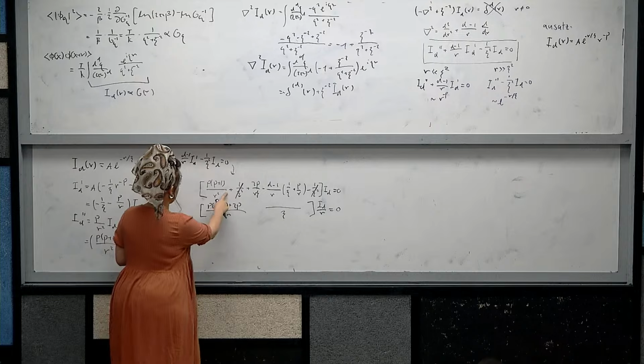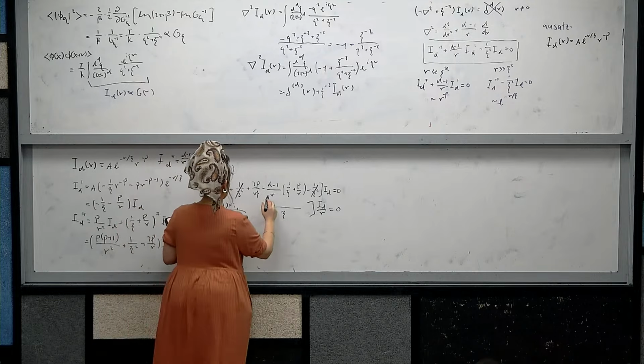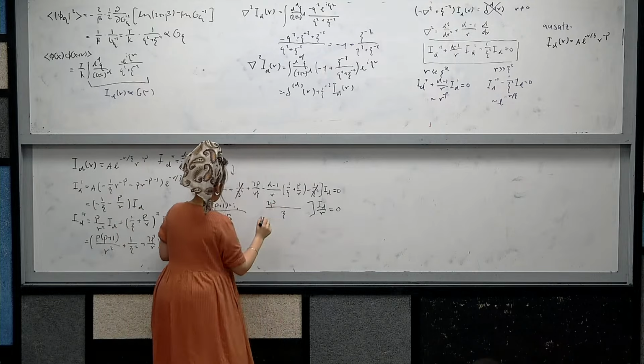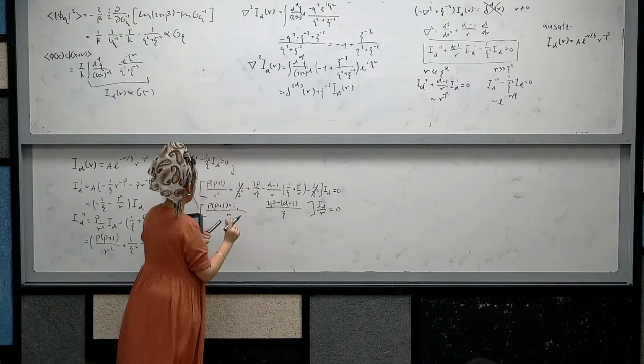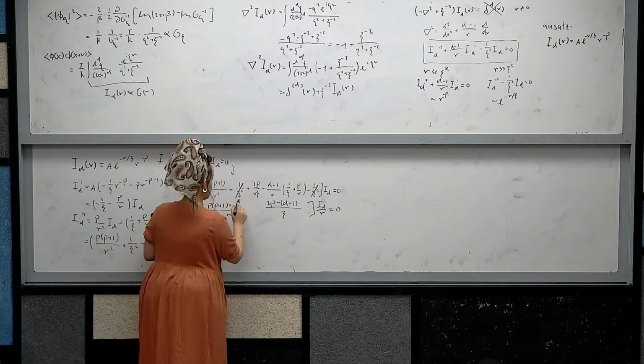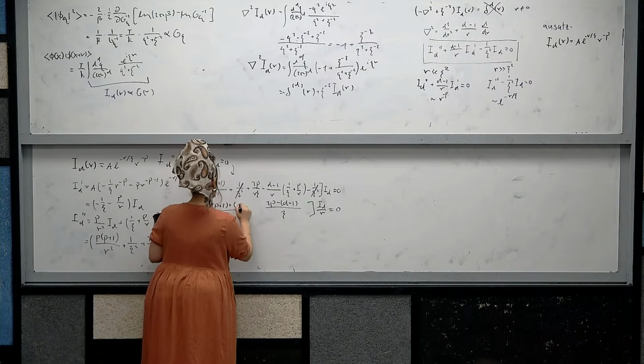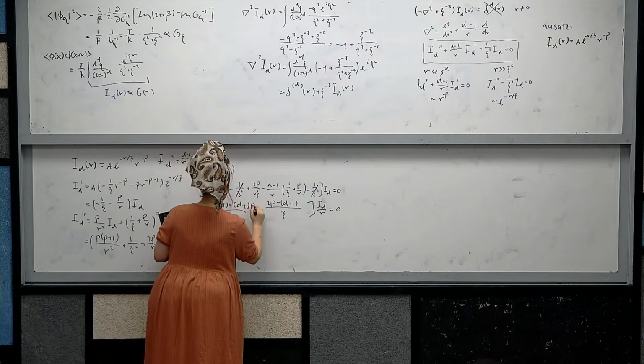So this comes here, the 2p is here, minus this 1, and plus 1p.